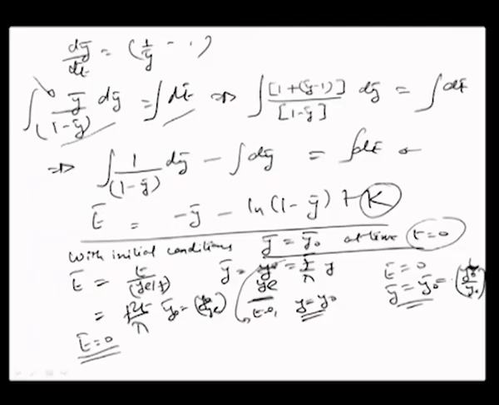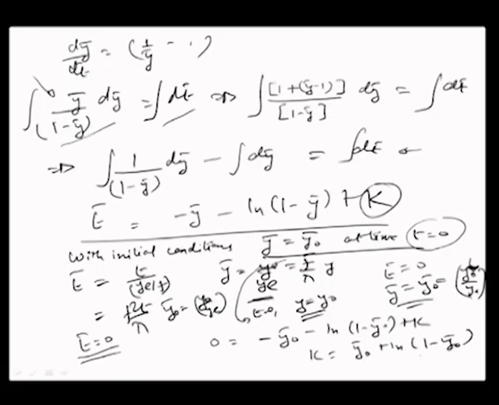So, we put these values here. t dash 0 is 0, and we get 0 equals minus y dash 0 minus ln(1 minus y dash 0) plus k, and k becomes equal to y dash 0 plus ln(1 minus y dash 0).